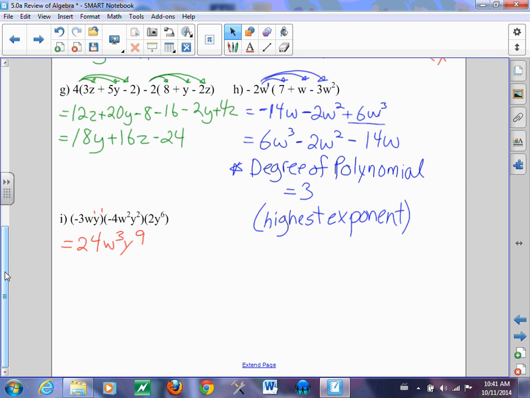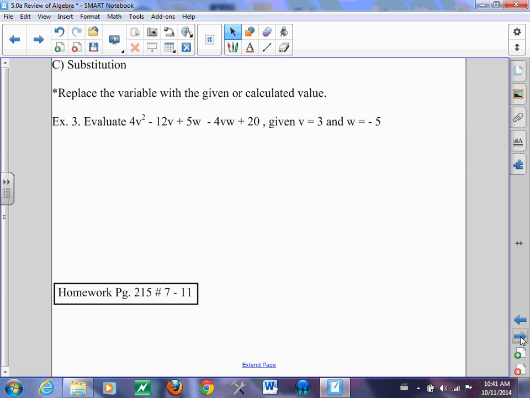And one last thing I want us to do, folks, is called substitution. We're almost done. What we do is we replace the variable with the given or calculated value. So taking a look at example 3 here, it says evaluate this expression given that v equals 3 and w equals negative 5.